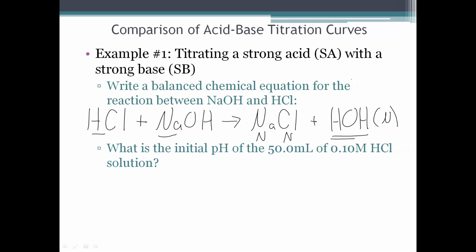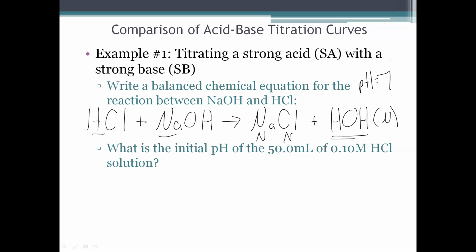So when all is said and done, at the equivalence point, when we have no reactants left and just product, our pH should be neutral, which is 7. And we're going to see that as we go throughout the lesson today.